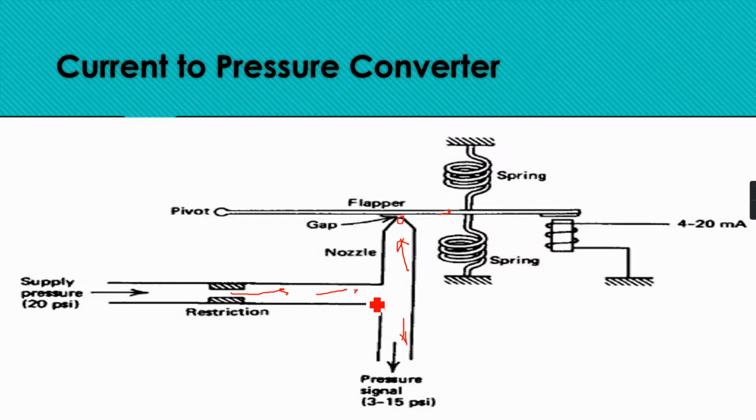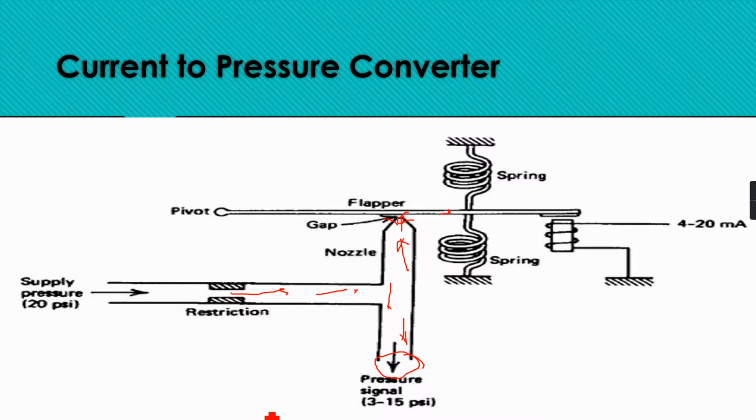Because at the nozzle there is a small opening. When we apply air to this section, what will happen is that when the flapper is away from the nozzle, most of the air will bleed out through the nozzle, and very little air will go to the output terminal of the flapper nozzle system.